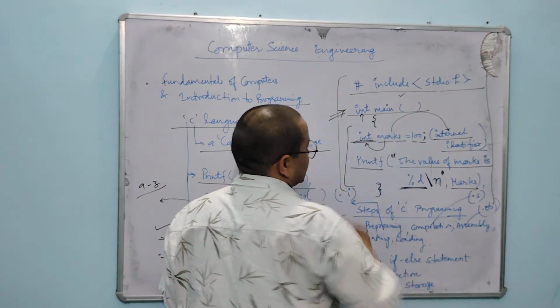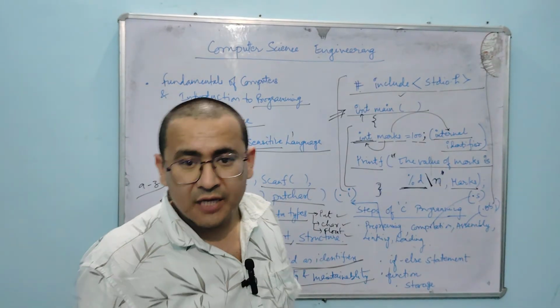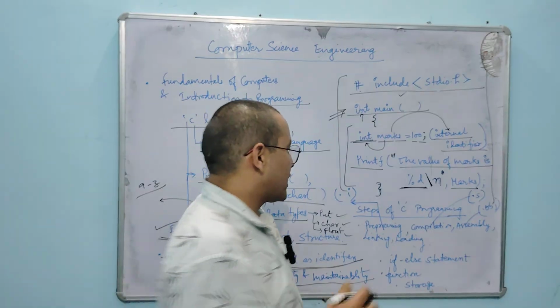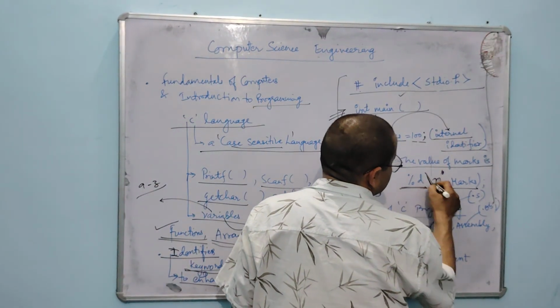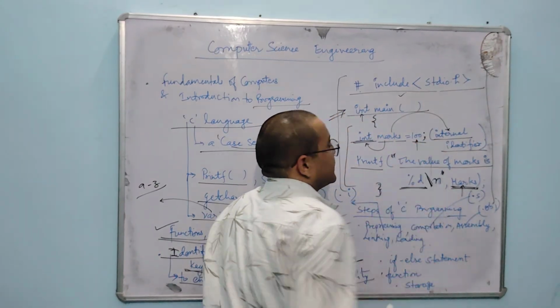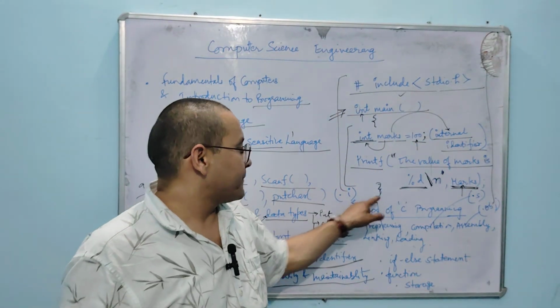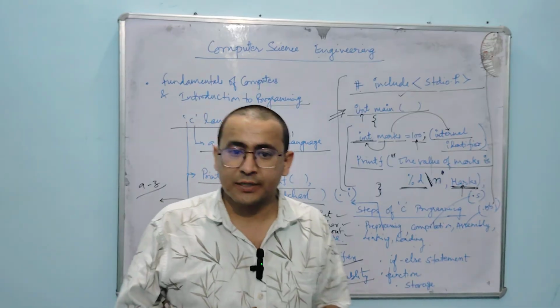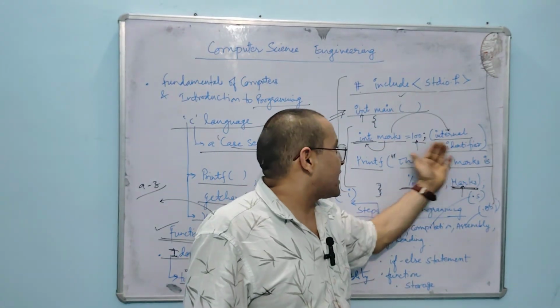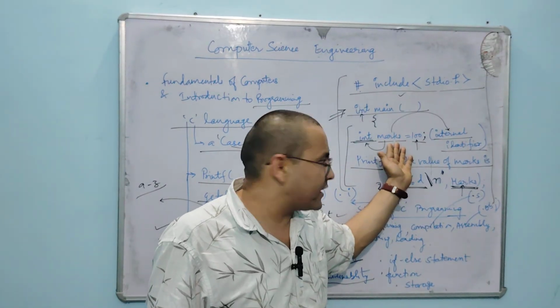Because here the marks is of integer type. If it were float type, then it would be %f. So likewise, %d here, backslash n for the next line, and the marks would be printed as 100. And the program is then closed.